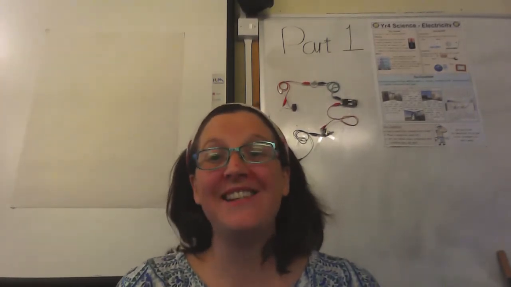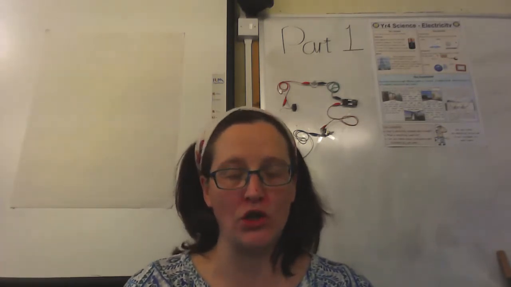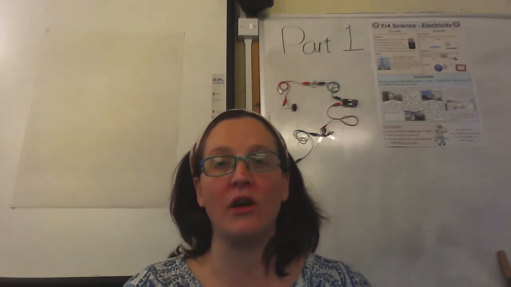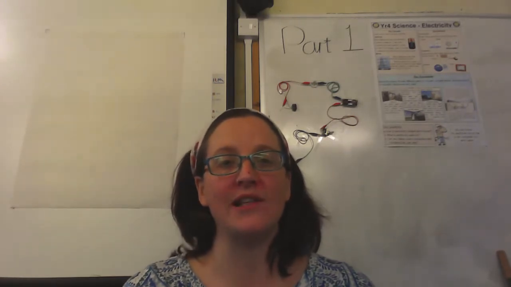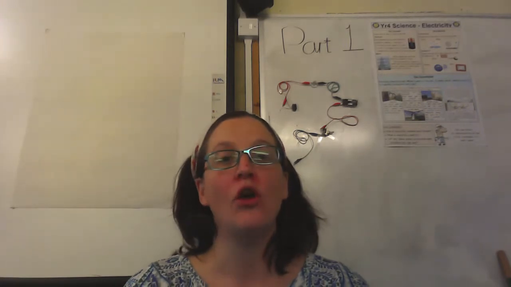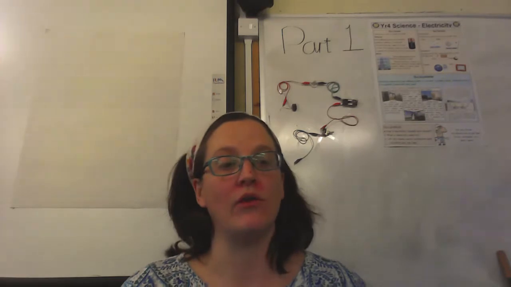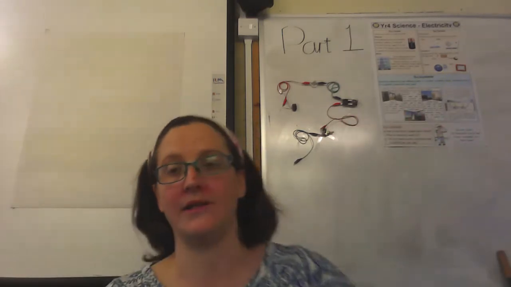So today we are going to start looking at our topic and how we're going to do things. We're going to start looking at our key vocabulary, and we're going to start looking at how electricity moves around in circuits. For today's lesson, you are going to need your wonderful knowledge organizer.